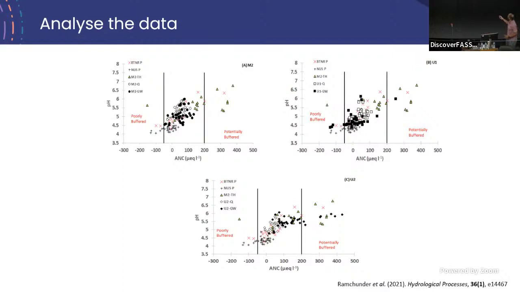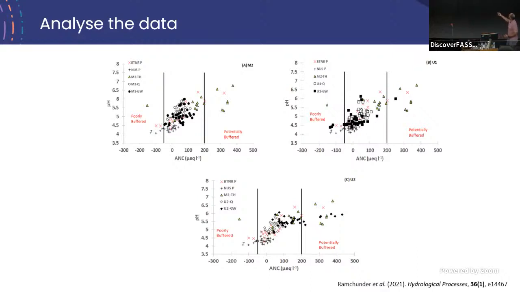Have a look then at the stream chemistry values. They're typically less acidic, weakly acidic, and it also shows that there's some buffering. Acid neutralizing capacity tells us how strongly neutralization takes place.